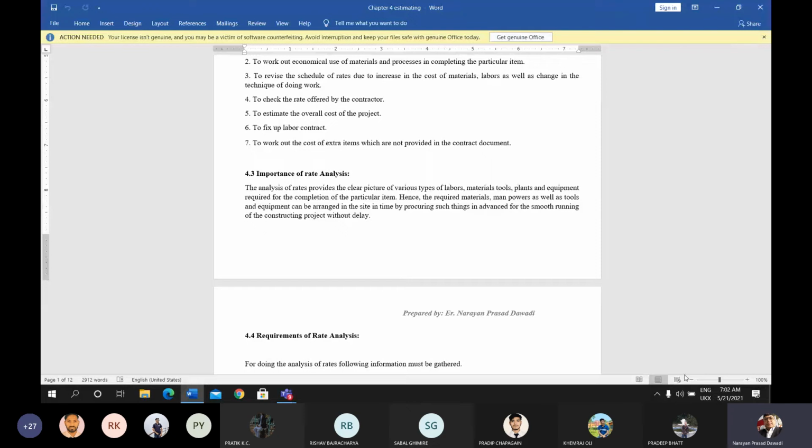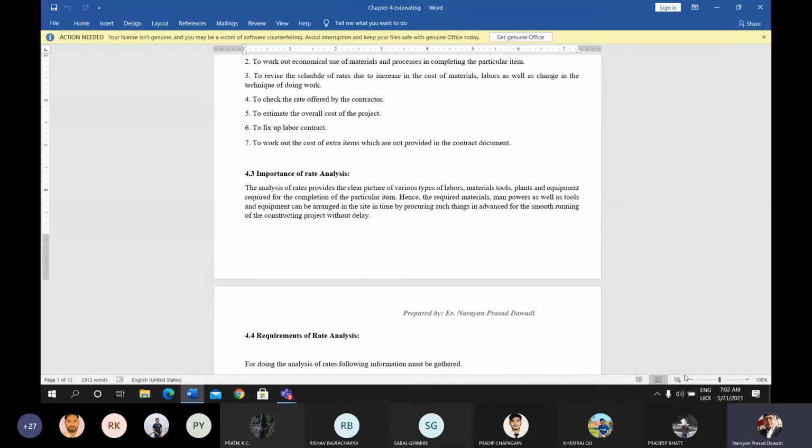This is for the smooth running of the construction project without delay. This means the cost of the construction project will be minimum if the project is completed within the estimated time frame, that is, the project is constructed at a cheaper cost.